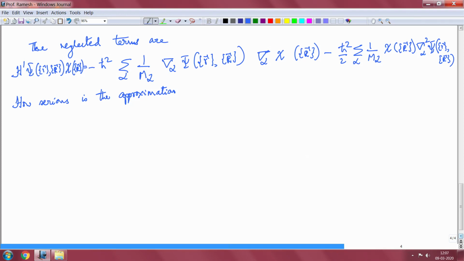This is what we really have to look at. So, in order to do this, we will calculate the expectation value of H prime in the state.